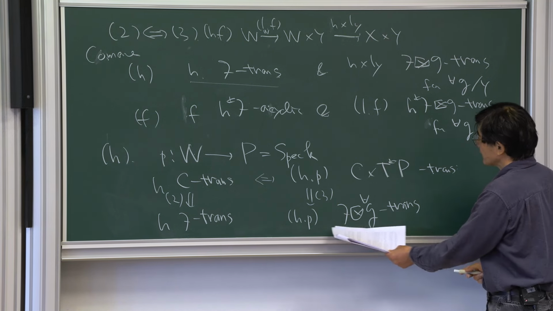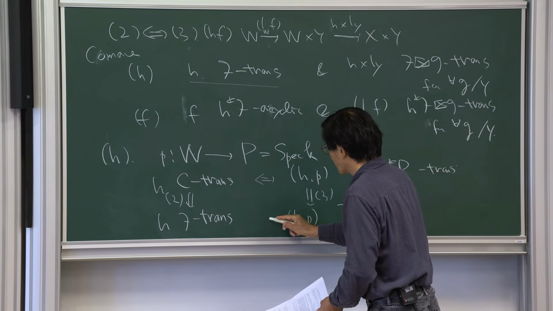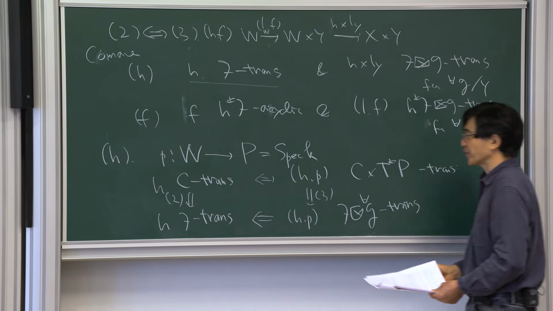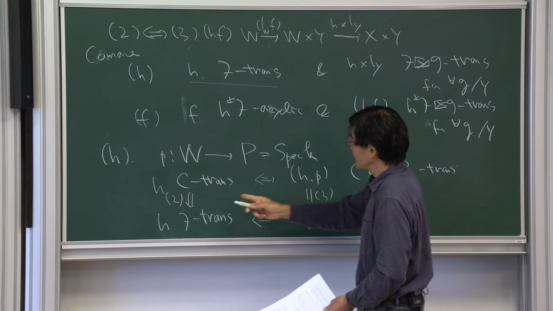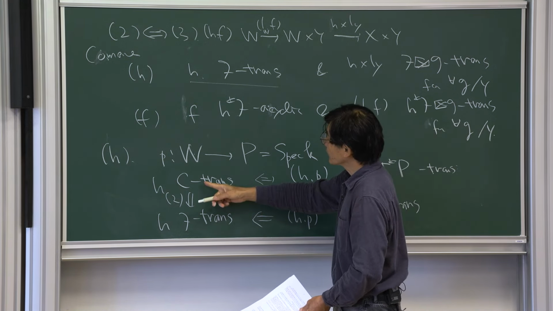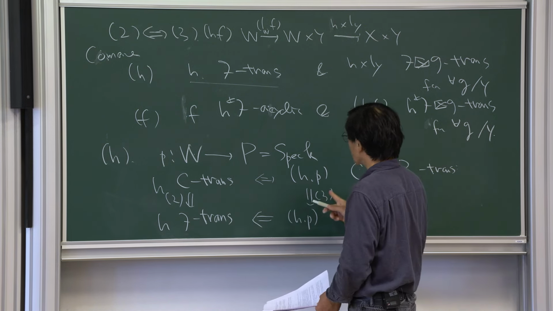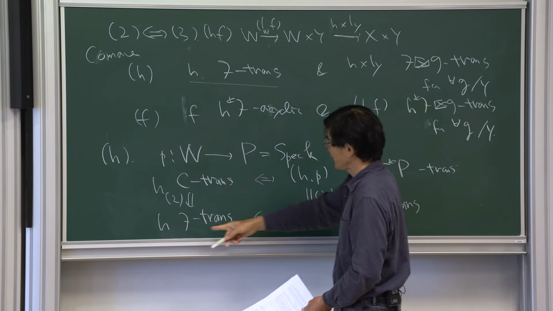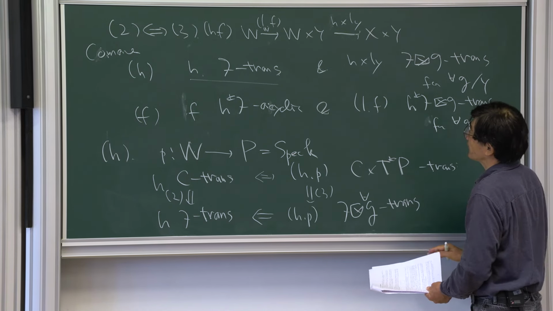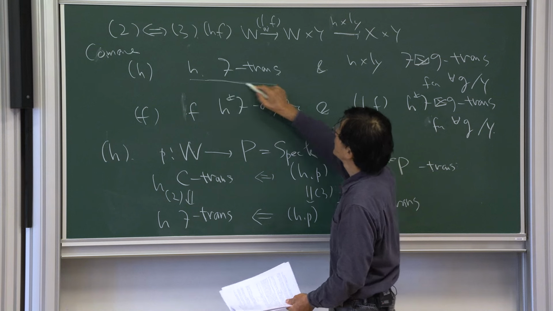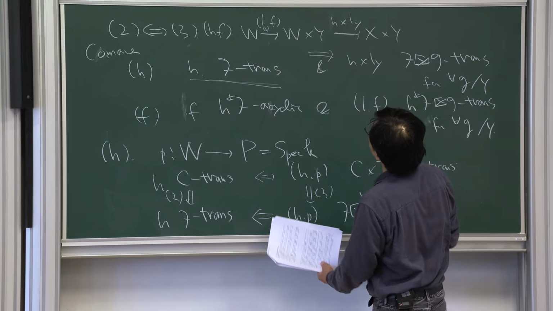But here this P is just a point, so in fact this also implies this. So in any case, condition 2 and condition 3, either of them implies the F transversality of H. And we have this implication.